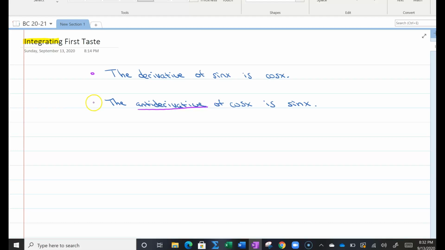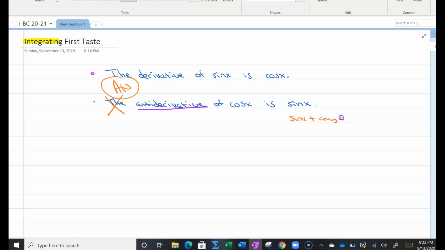I'm going to make a very important change here. I used the word "the" here. It should not be "the." It should be "an," and I'm purposely writing that out. The reason we say an antiderivative of cos x is sine x is because of a reason I alluded to in my previous screencast. This could be sine x plus any constant.